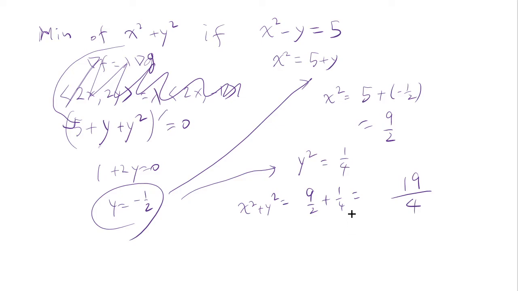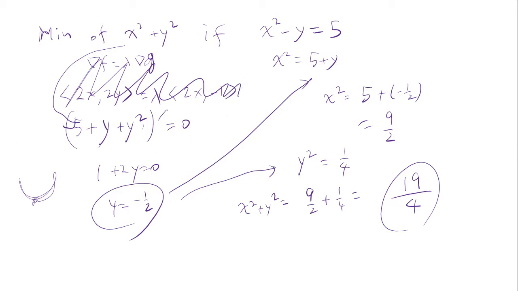So it works like magic. Of course, you probably need to do some more analysis to show that this is a parabola opening up, so the critical number should be the minimum. But the point is, sometimes it's easier to do it using the Calculus 1 method.